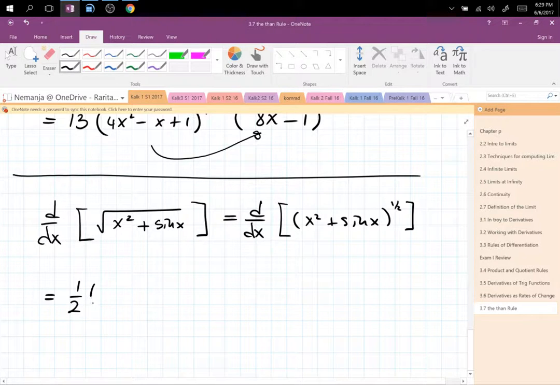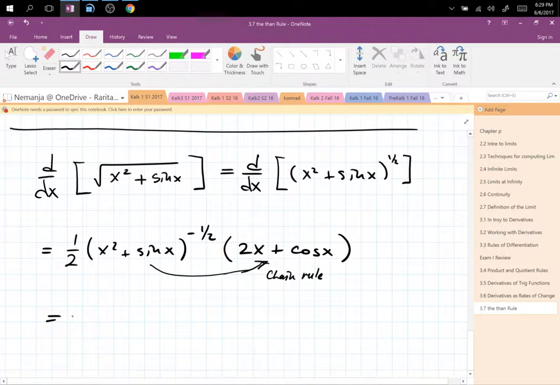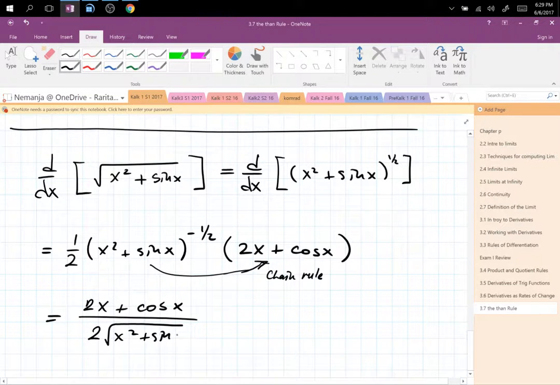It is 1/2 of mess to the negative 1/2 times the derivative of the inside. And then to simplify it, or to write it in a concise form, done deal.